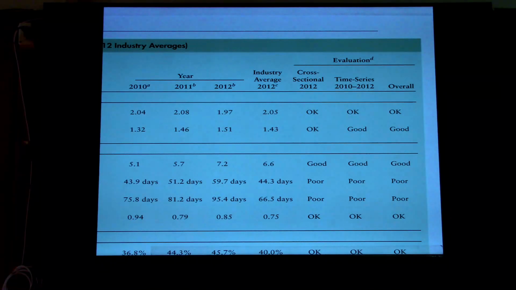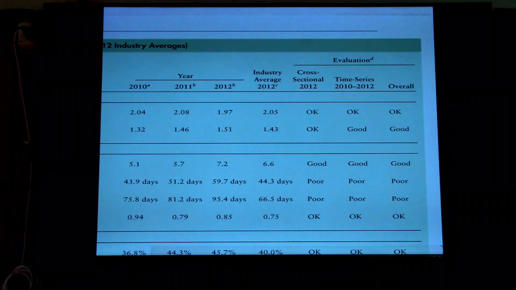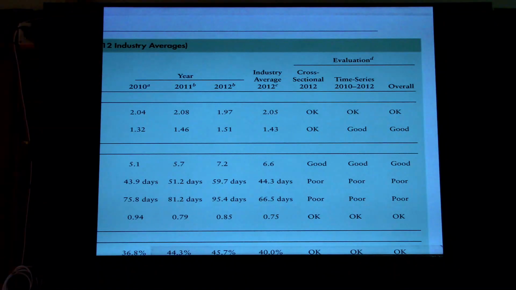So as you see, for example here, if we are basing on the industry average, there's no significant difference, so it's okay. Also based on a time series, you found that there is an insignificant difference between years, so it's okay.